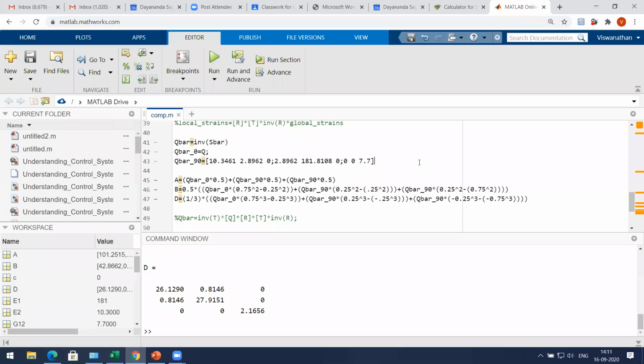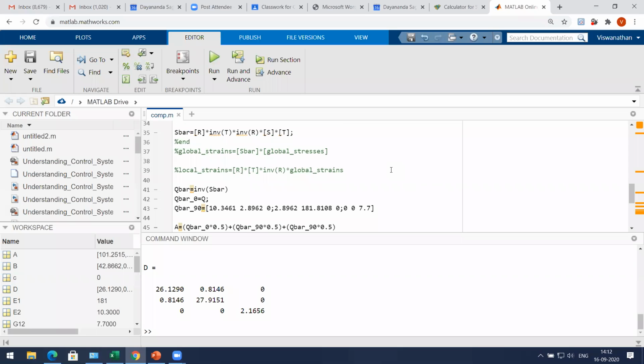The transformed compliance or transformed reduced stiffness you will not be asked to calculate in the exam, but you will be asked a theory question based on understanding of the concept. For the assignments, you need to calculate and submit. All the assignments for this module have to be done in MATLAB only.